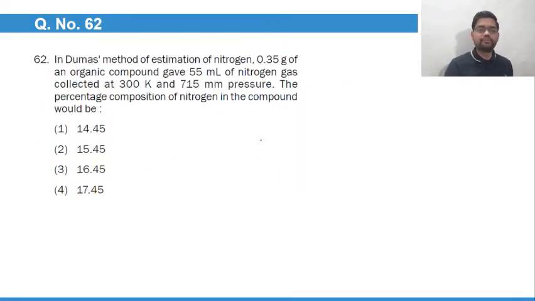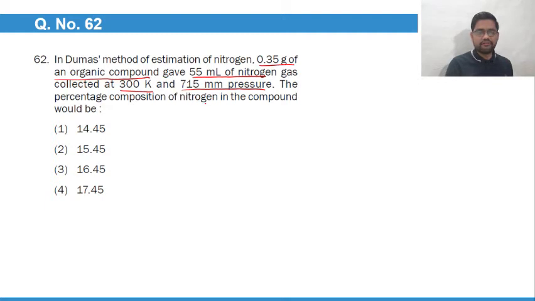62. In Dumas method, the estimation of nitrogen, 0.35 gram of organic compound gives 55 ml nitrogen gas collected at 300 Kelvin at 715 mm pressure. The percentage composition of nitrogen in the compound would be.